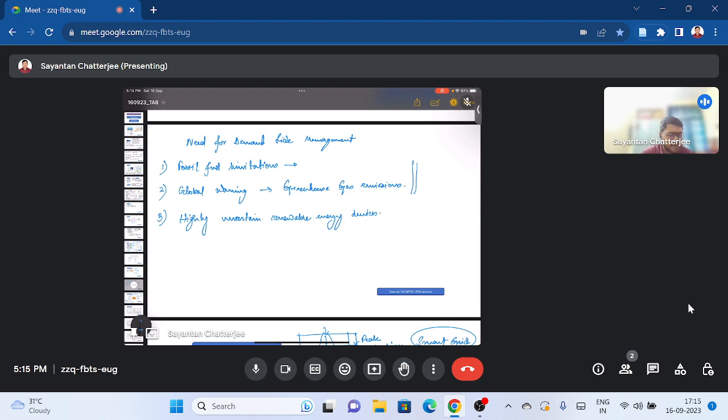So on the basis of these highly uncertain renewable devices, this demand side program needs to be given a higher priority. Since the uncertainty of these renewable devices is high, we can't ascertain a specific value for the generation.